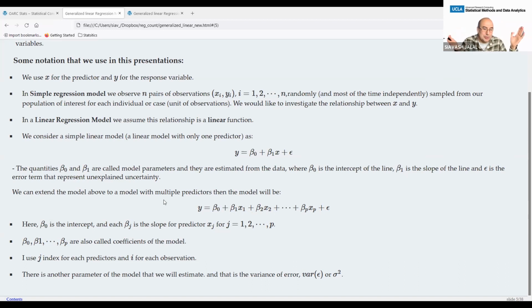Then we are going to have to show them in 4-dimensional space, right? But still, the relationship is linear because all these coefficients are linear. So there is no non-linear part here, basically.